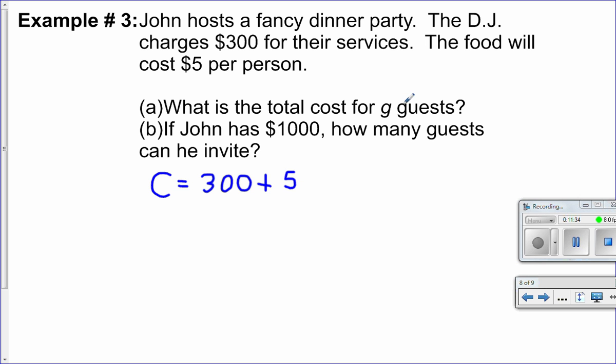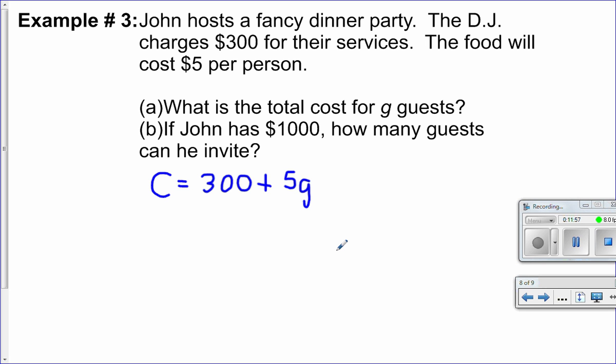In part A, we've been given the variable G. So I'm going to make this 5G. Okay, so the cost equals 300 plus 5G. Okay, part B, you're going to try at home. If John has $1,000, how many guests can he invite?